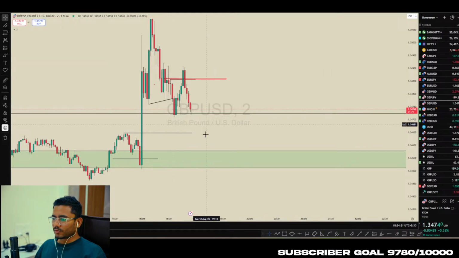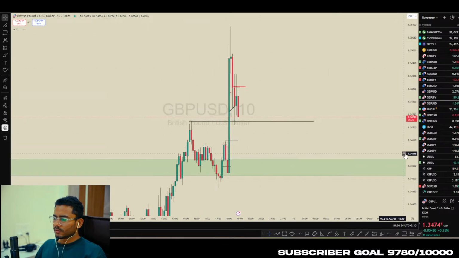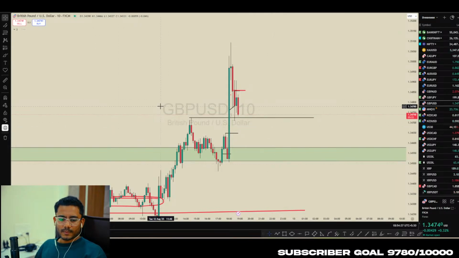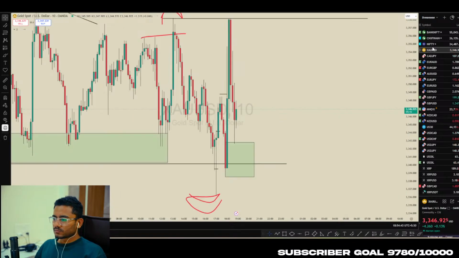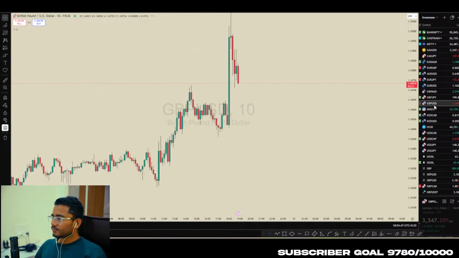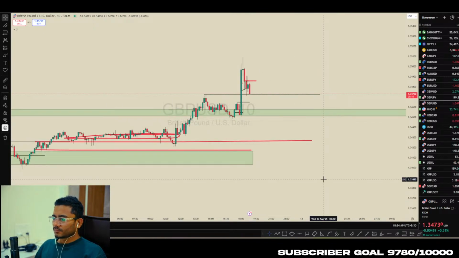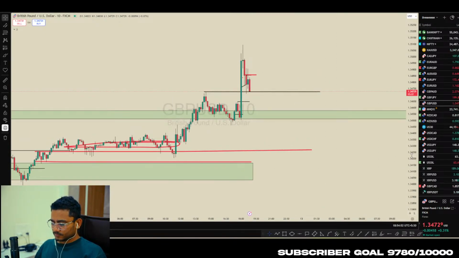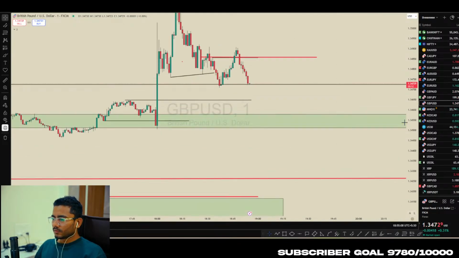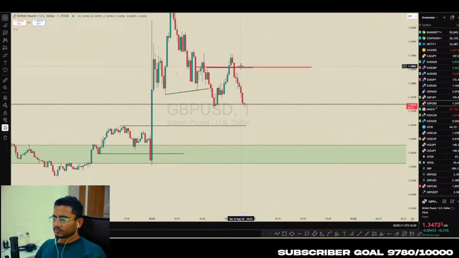It just retested this order block. So let's see. There is no liquidity in here. This is just a straight movement.